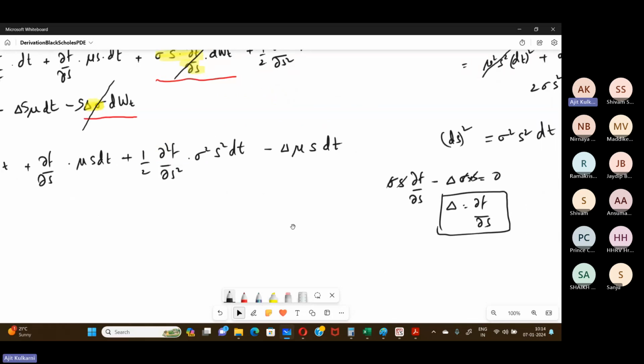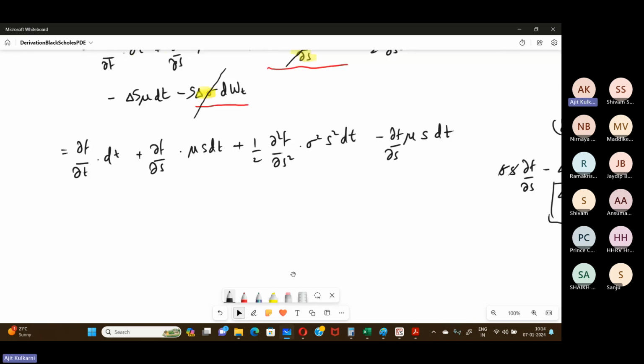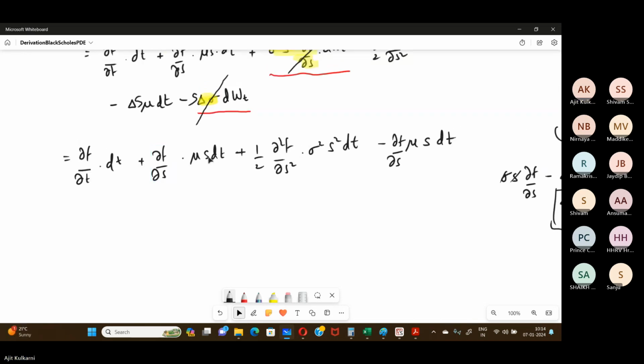Now if I replace this delta with this delta, this becomes dou F by dou S into mu S dt, correct, which is same as this term.